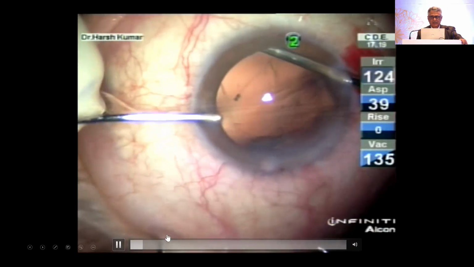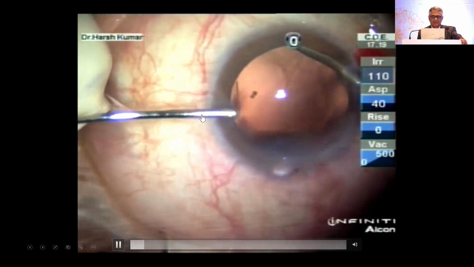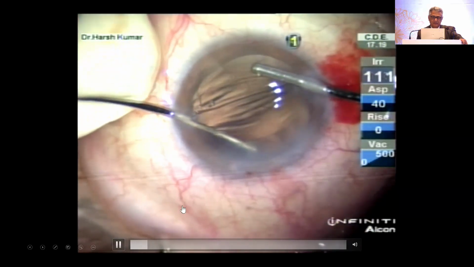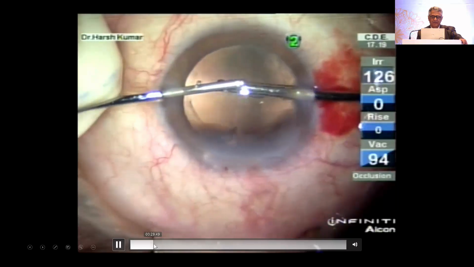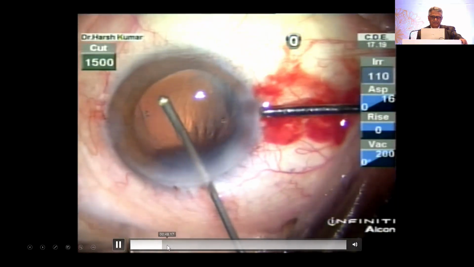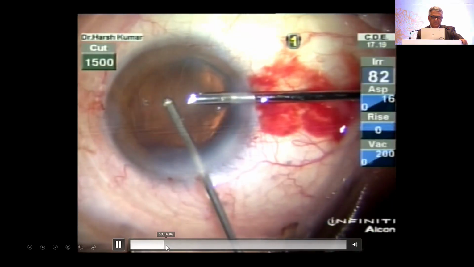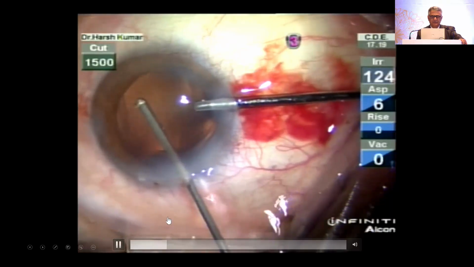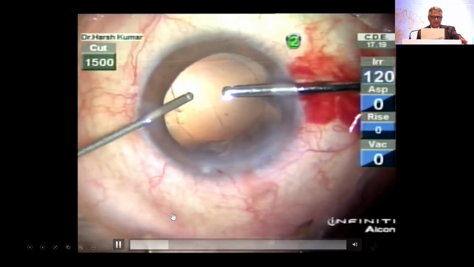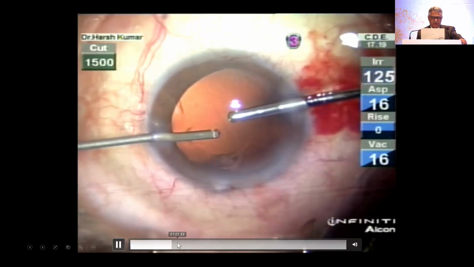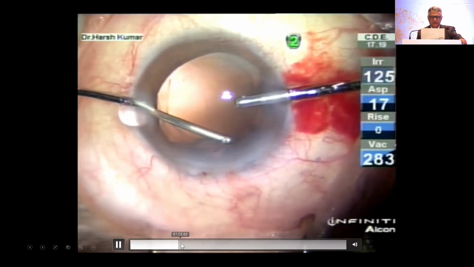Here the PCR has happened, and the surgeon is doing a vitrectomy again with the health cutter, a blind kind of job being done. You do not know what is being cut. It's basically a time-pass kind of job which is going on, and the vitreous is getting more hydrated also, and more vitreous gel will prolapse into the anterior part.